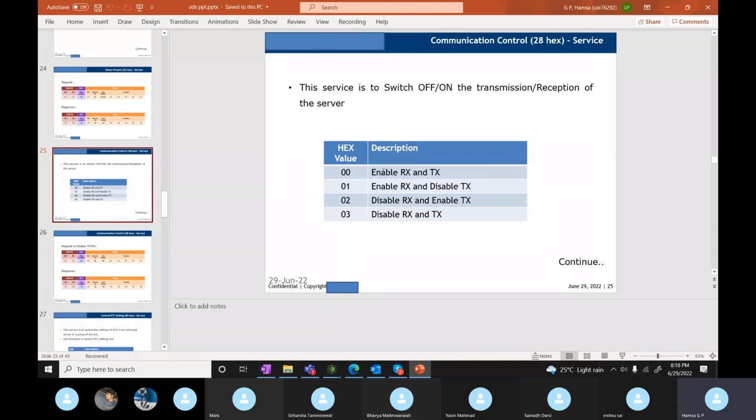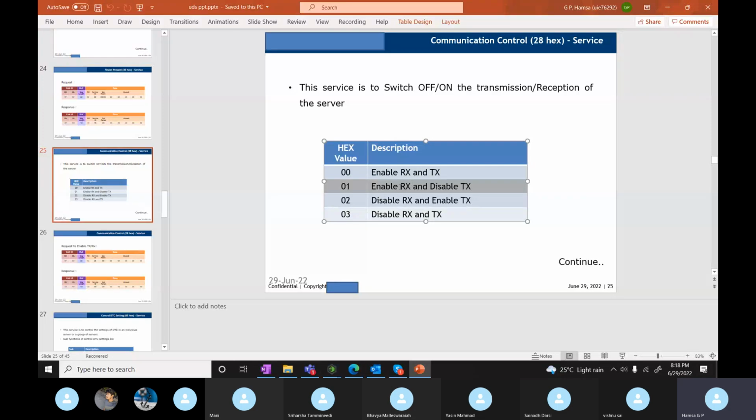So 00 means enable both RX and TX. By default, this is the state: the ECU will be getting the inputs and providing the outputs. Intentionally, if you want to disable or enable a particular frame for your testing, you have to create scenarios.